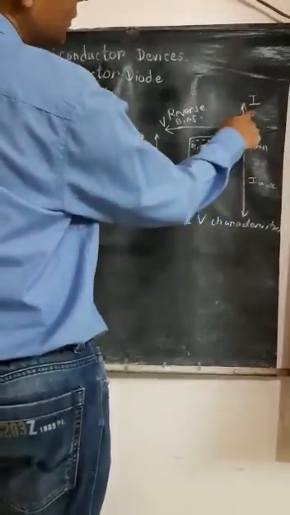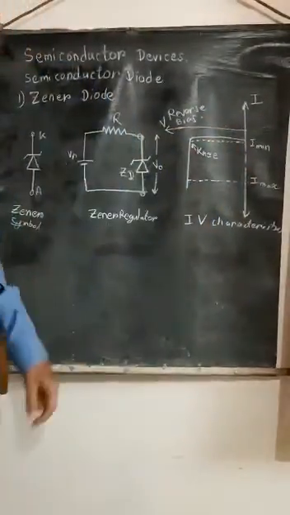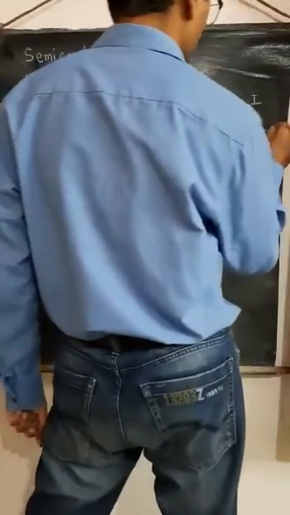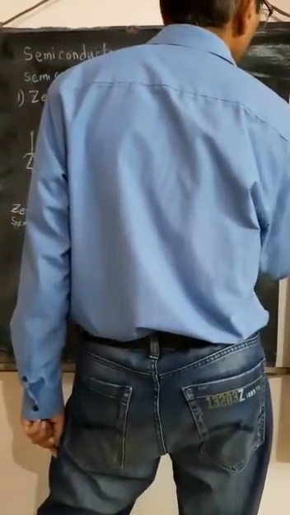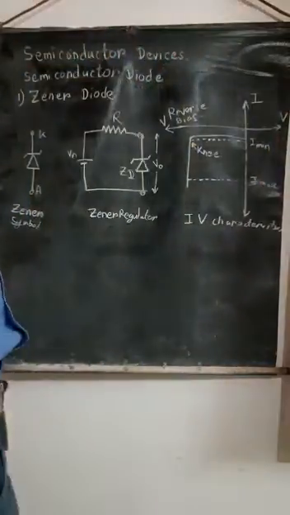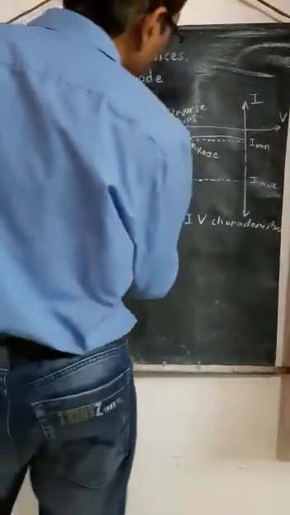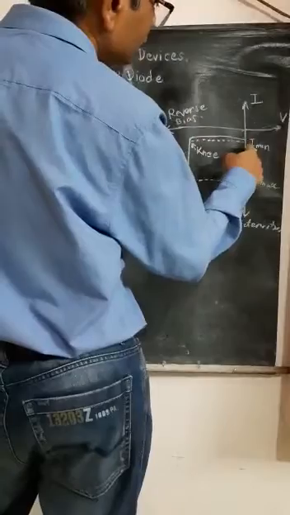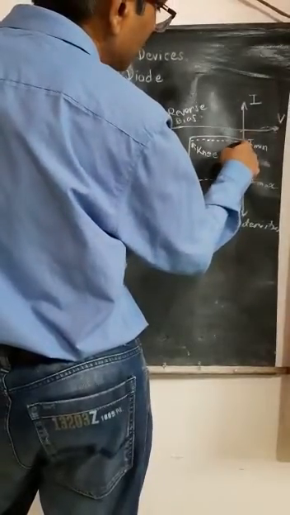On the y axis there is current I, and on the x axis voltage V is there. Here you can see reverse bias voltage. This is the minimum current.